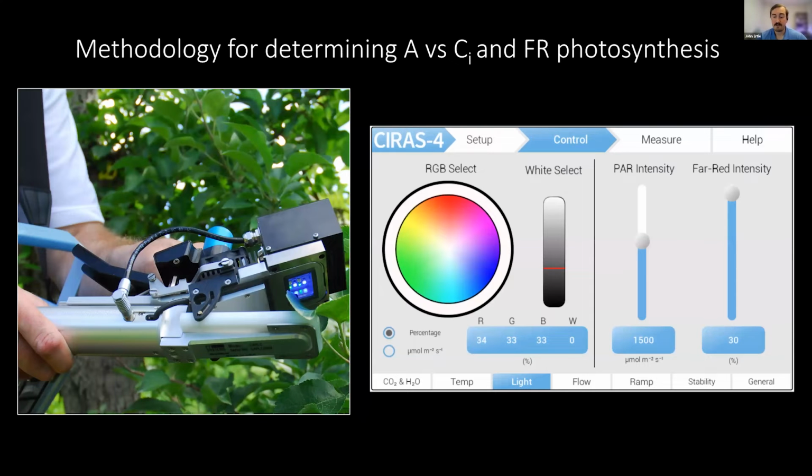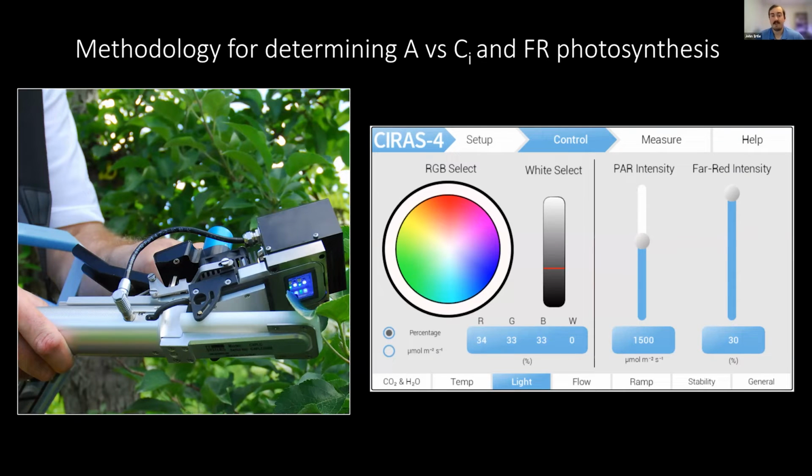And to look at the different effects of far red, we have installed far red LEDs into our leaf cuvette in our light unit. And we can achieve up to 30% far red intensity relative to the PAR intensity.